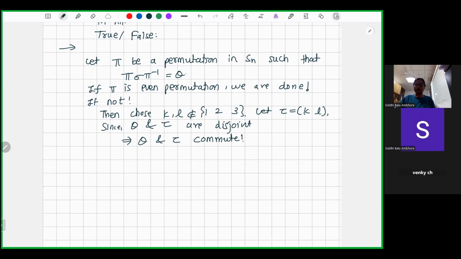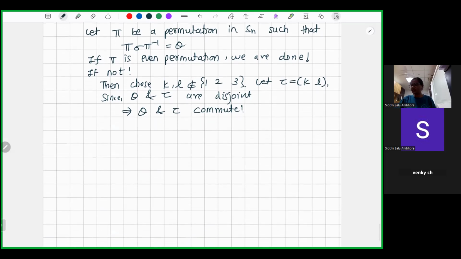If we have disjoint cycles, they commute because none of the elements interfere with each other. And we have this information.